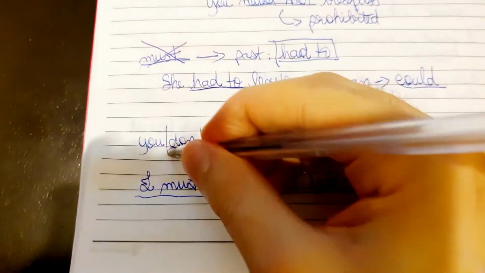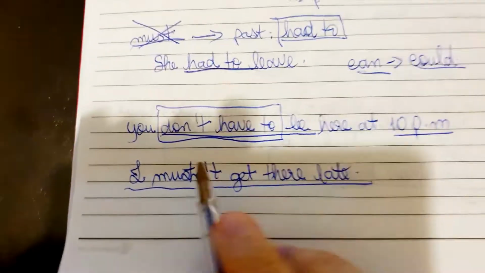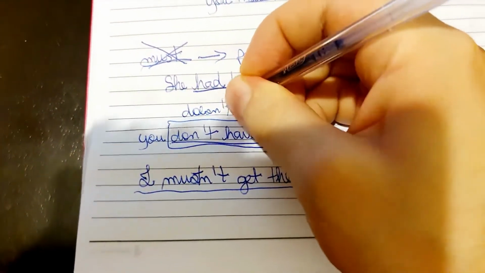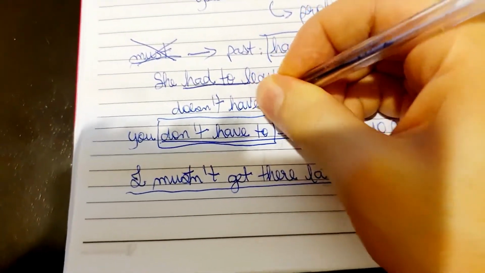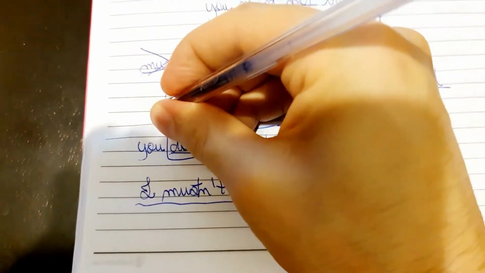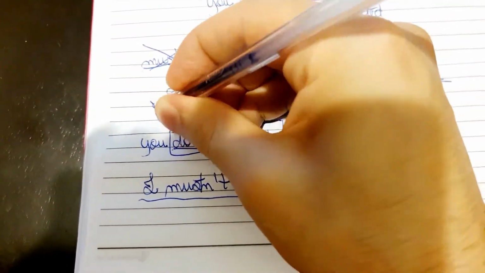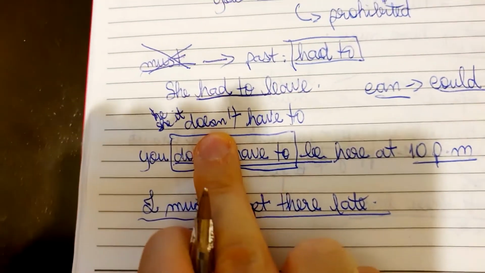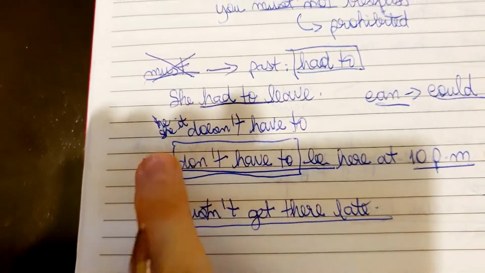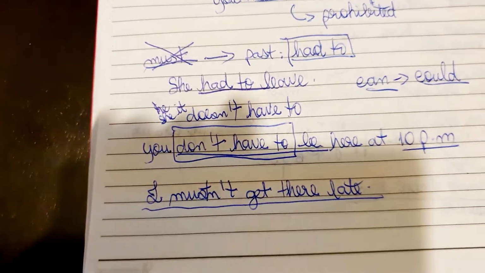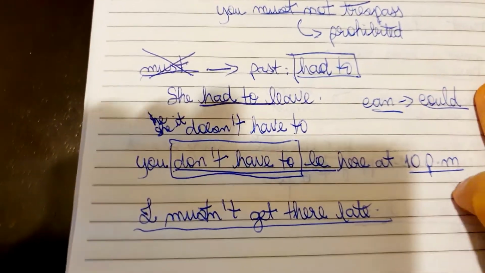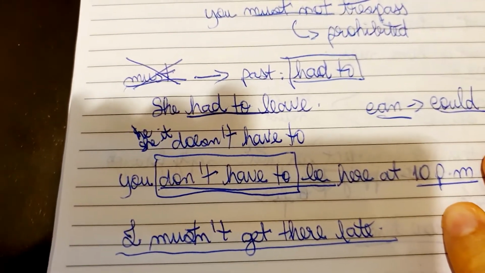The negative of the verb have to is don't have to or doesn't have to, depending on the pronoun. With he, she, or it, you use doesn't have to. And with the other pronouns, you use don't, okay?